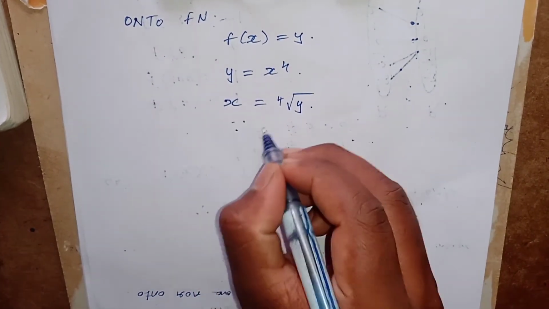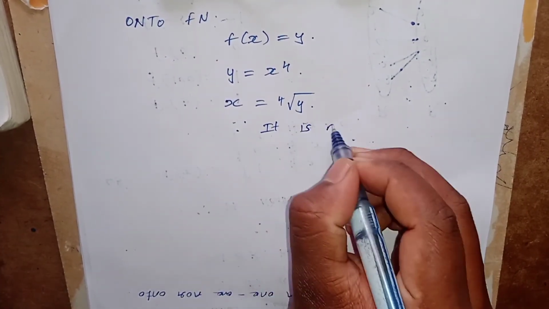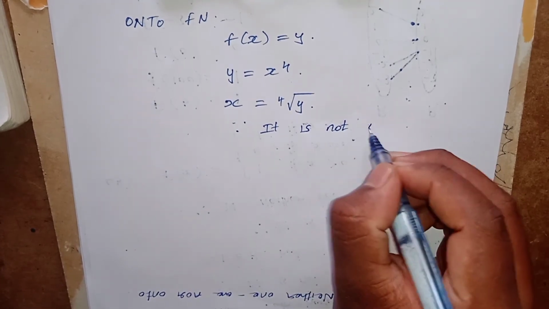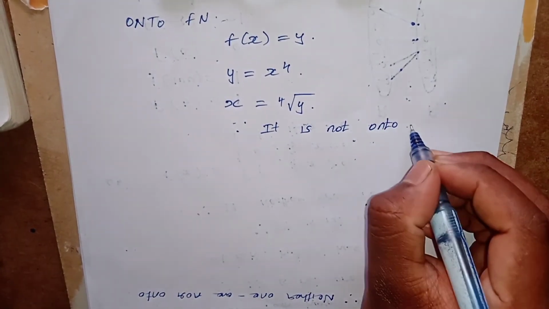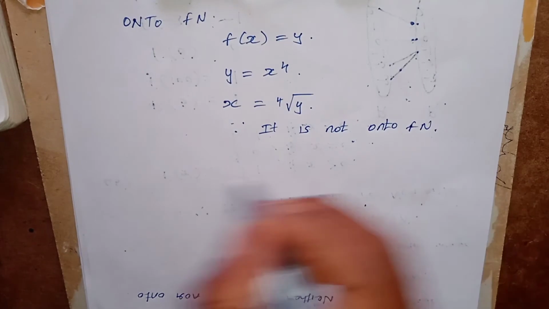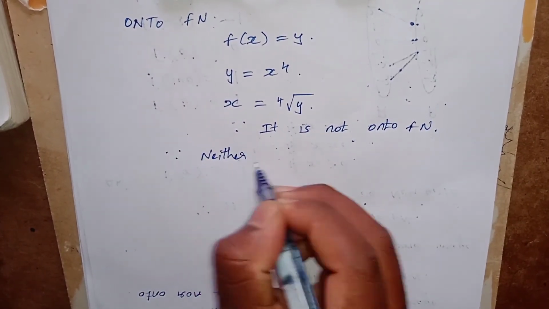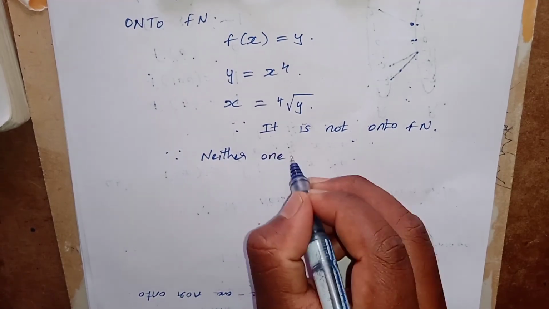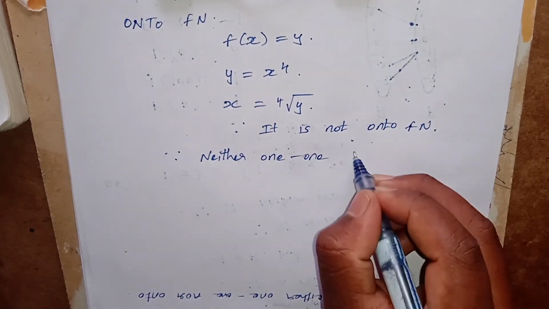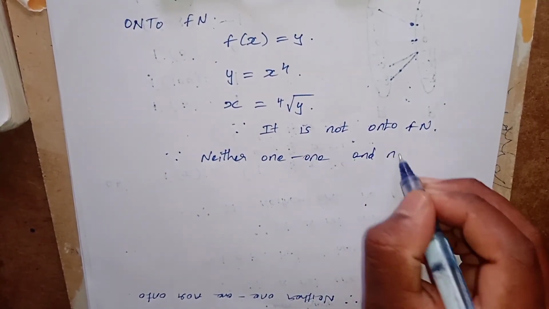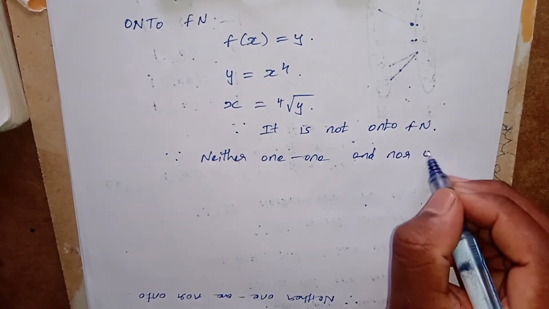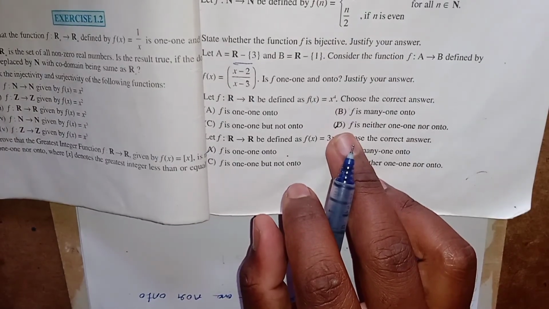Again, it is not onto function. Finally you should write neither one-one nor onto. Here option D.